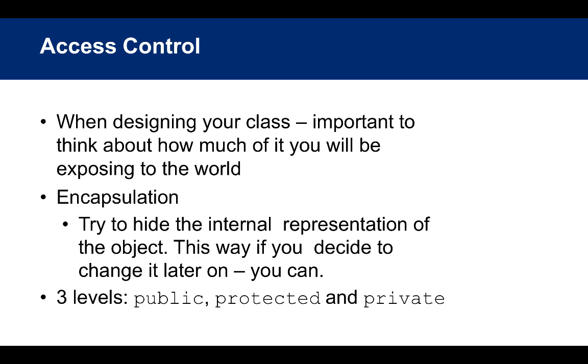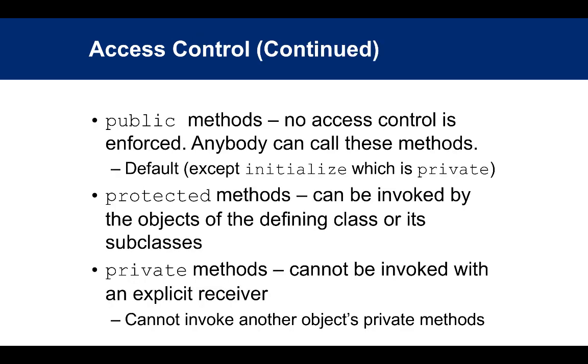Ruby has three levels of access control: public, protected, and private. These are similar to how Java does it, but a little bit different, as we're going to see. Public methods have no access control, which means anybody can call these methods, and this is the default.